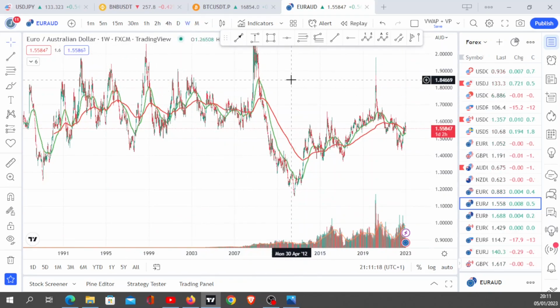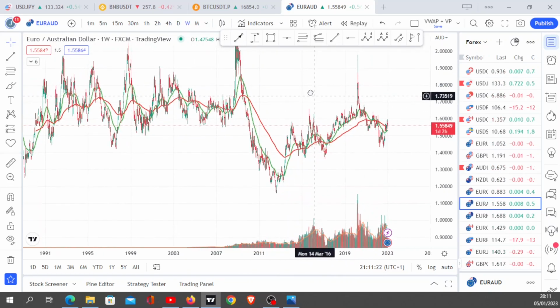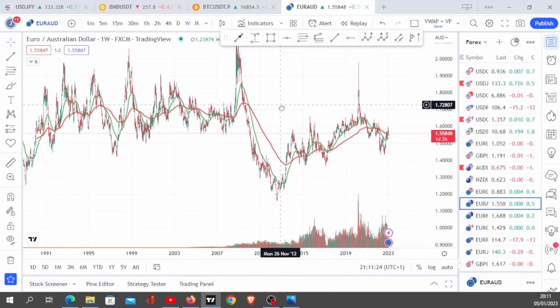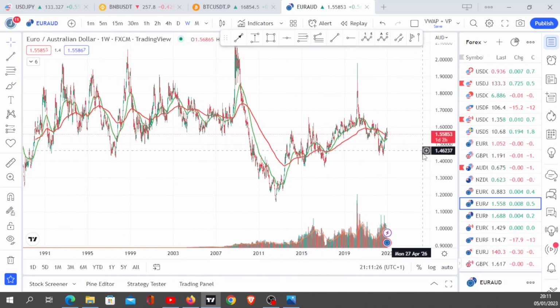I've just got the larger time frame up. From here you just want to be looking from left to right, and actually the current price we've got at the moment is 1.55 for the Euro Australian dollar. Now we take that price and we go back and we can see how many times price has touched it.